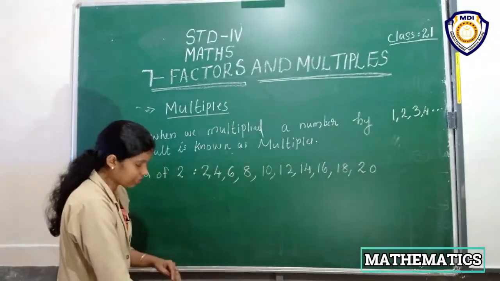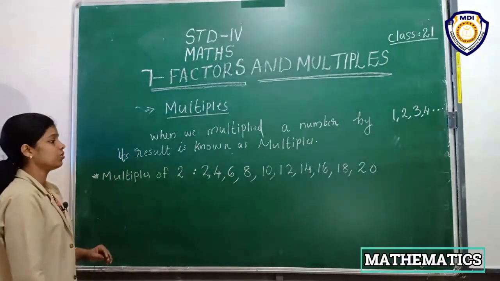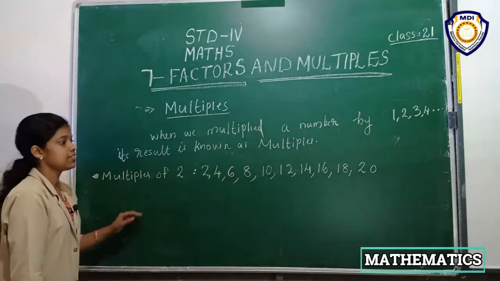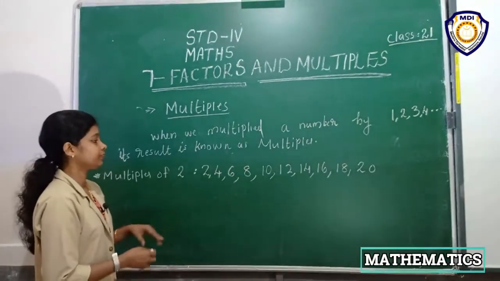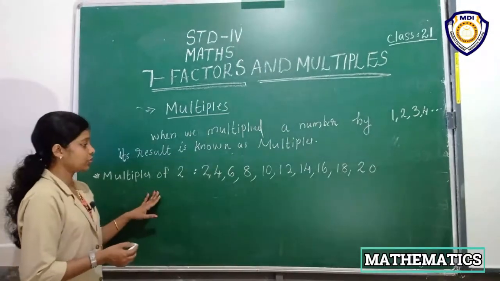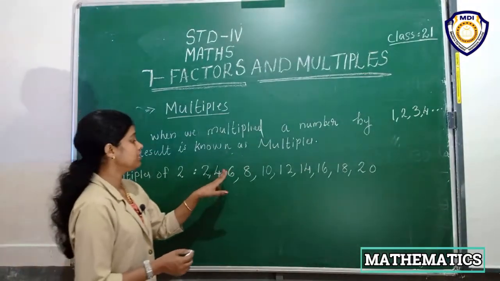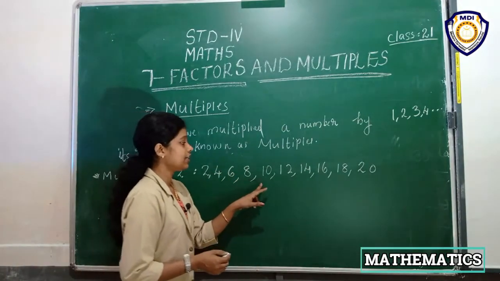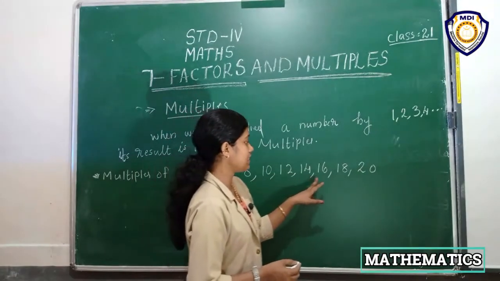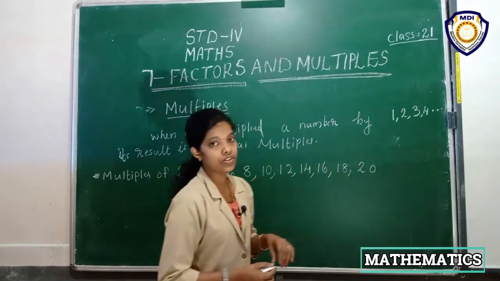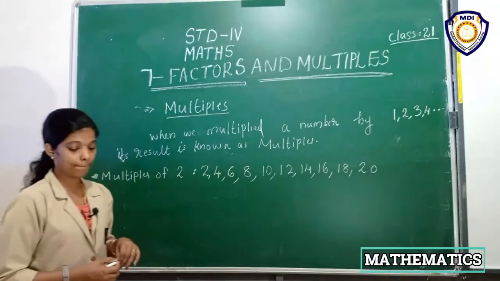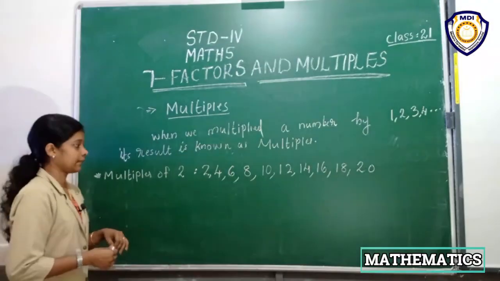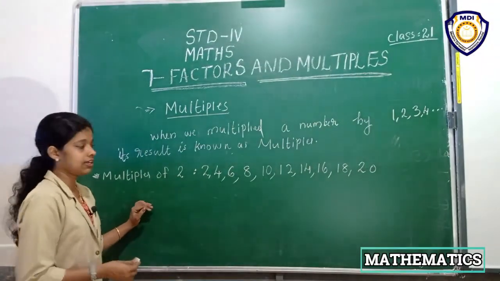Write it. Multiples of 2: 2, 4, 6, 8, 10, 12, 14, 16, 18 and 20.